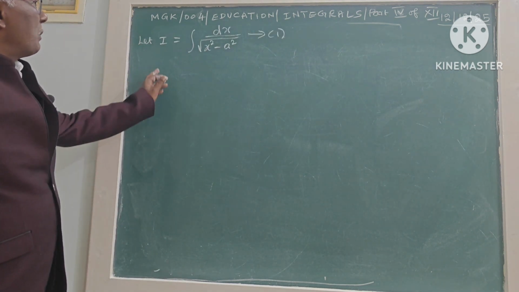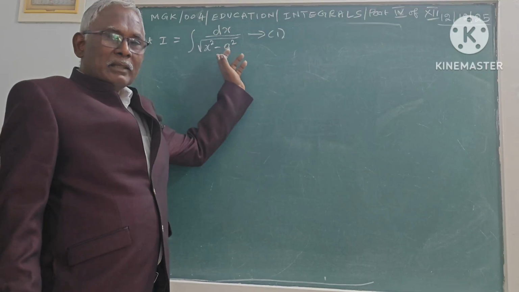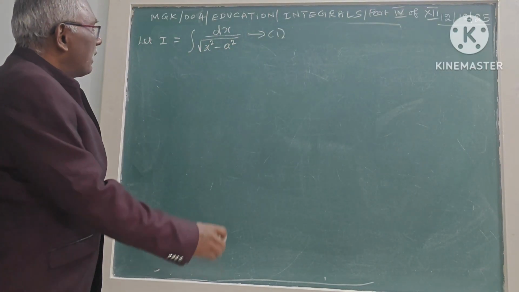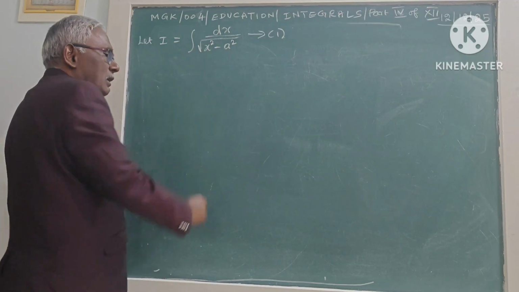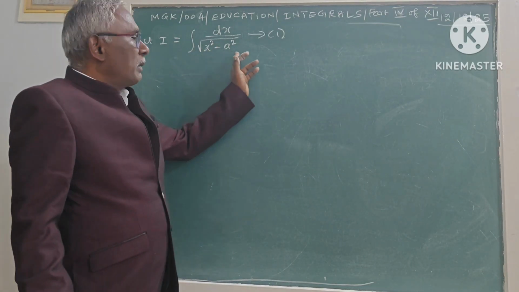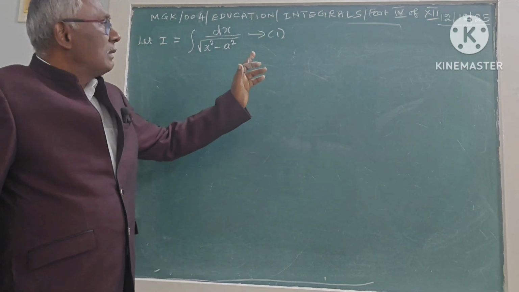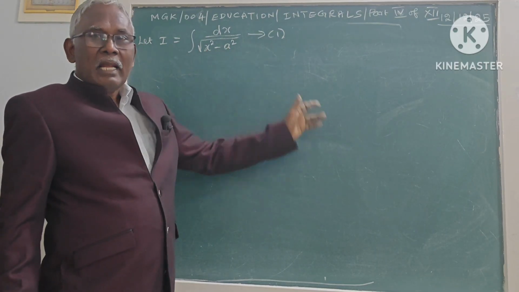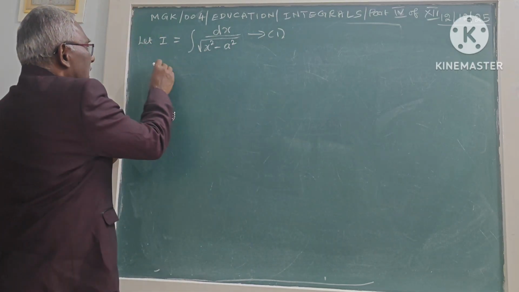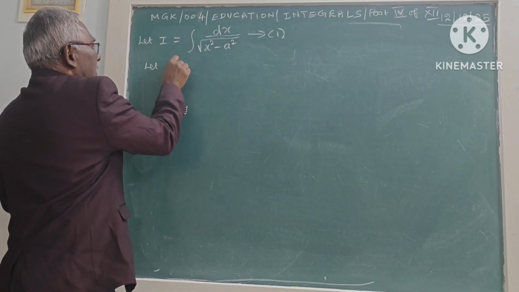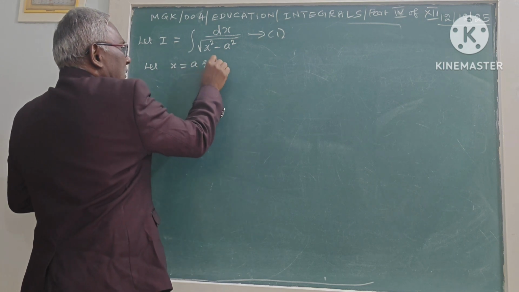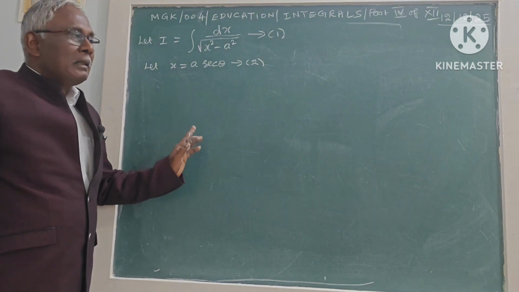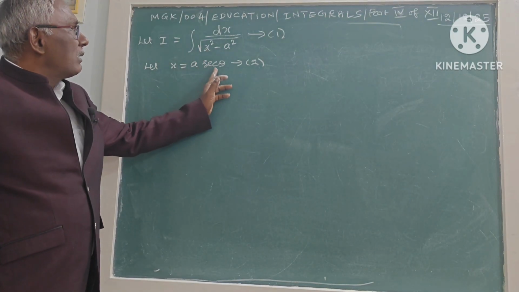So let us find the value of this integral dx by square root of x square minus a square. Again we have to make the denominator a single term. How to make x square minus a square a single term? Because secant square theta minus 1 is tan square theta. So let x is equal to a secant theta.